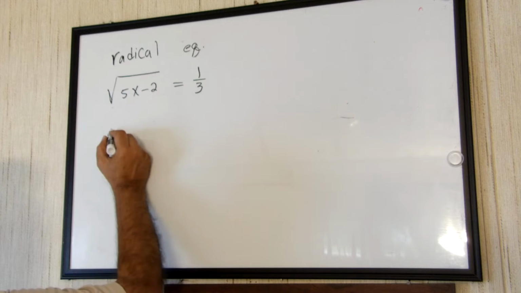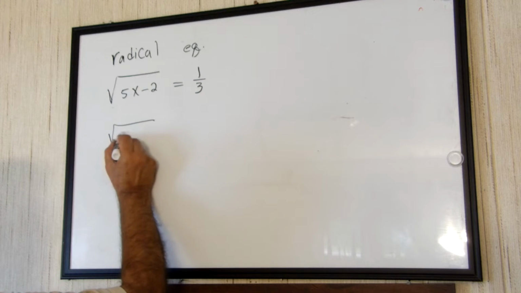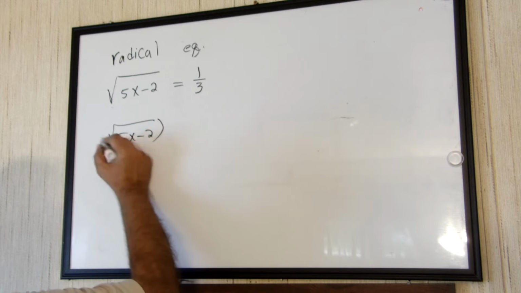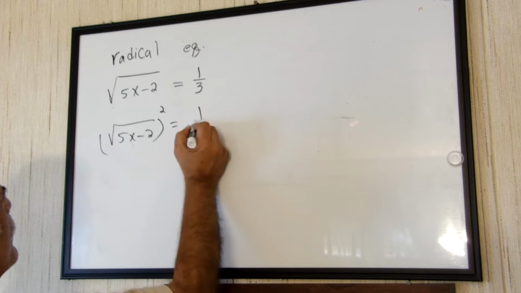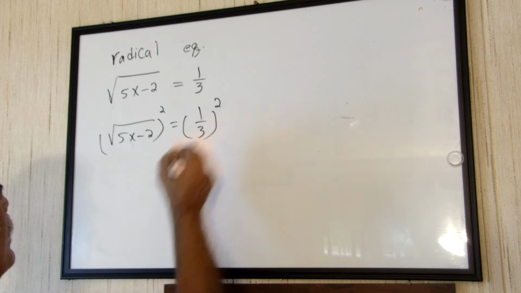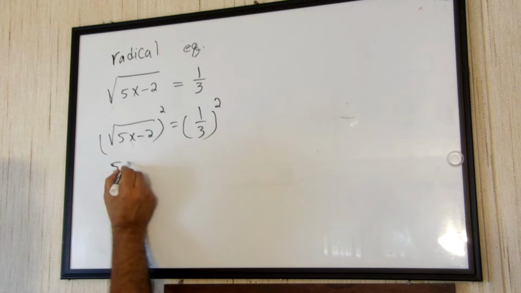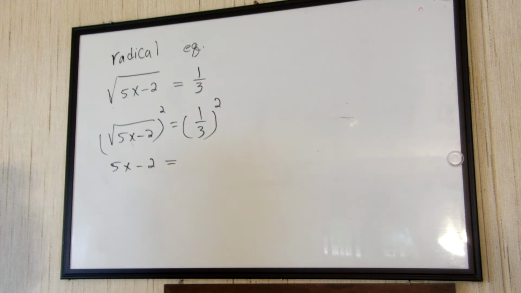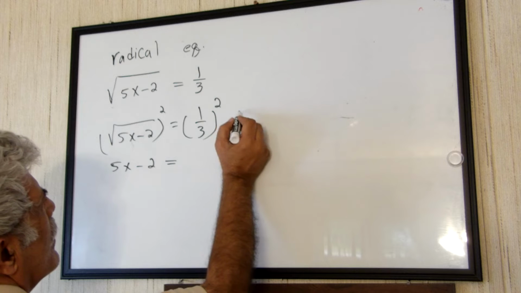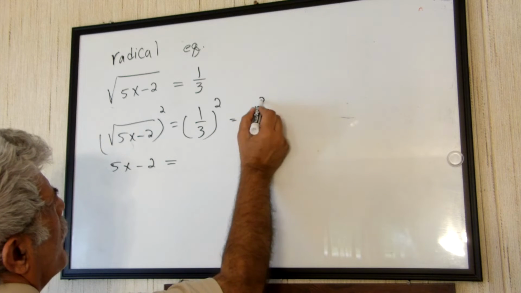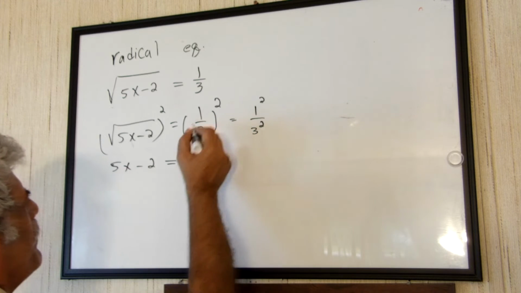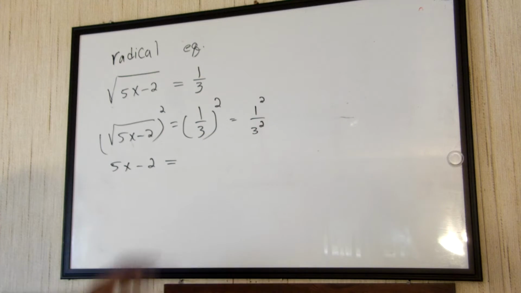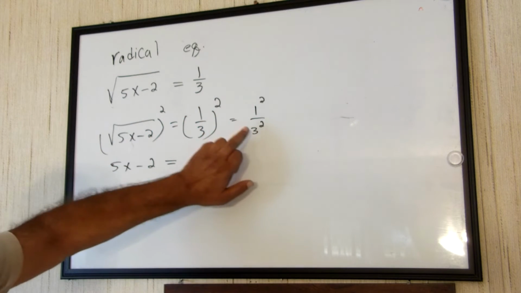We have to square both of them. So it's going to be 5x minus 2 squared, this one is going to be a square, and 5x minus 2 is equal to 1 to the power of 2 over 3 to the power of 2. We raise both the numerator and denominator to the power of 2.